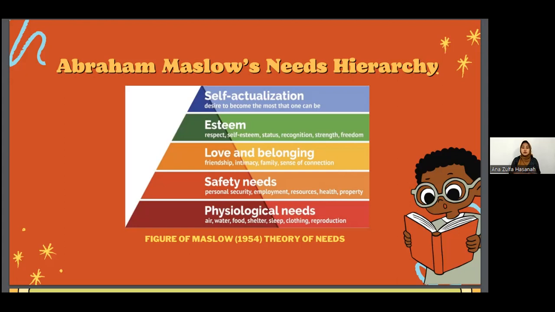Initially, people try to satisfy their physiological needs. Once those basic needs are satisfied, they seek safety, belongingness, esteem, and self-actualization. People always try to satisfy new, higher-level needs, which serve as a motivating factor for them.